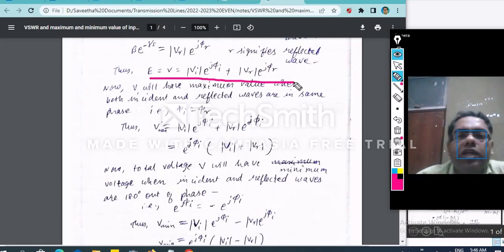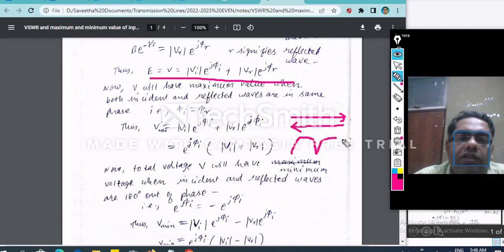Now we can have a maximum value when both incident and reflected waves are in the same phase. Only then we will get voltage maximum, because the incident wave and the reflected wave will interfere with each other to give rise to standing waves.